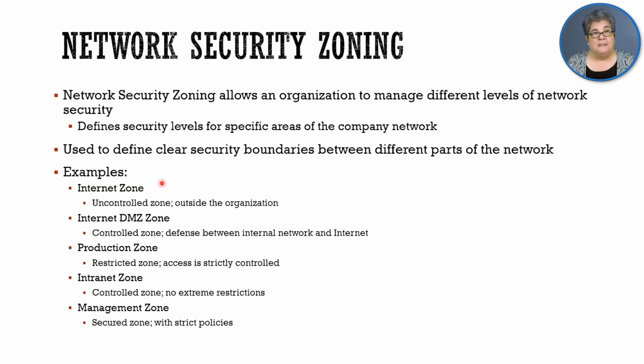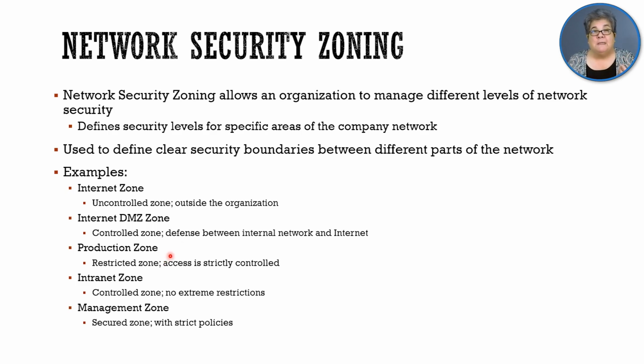The internet zone would be uncontrolled. It's outside the organization, and yet it does touch our network. Of course it does. The internet DMZ zone, this is controlled. We have 2 firewalls and we put public-facing servers there. So this would be the defense between the internet and our internal network. Then you have the production zone.